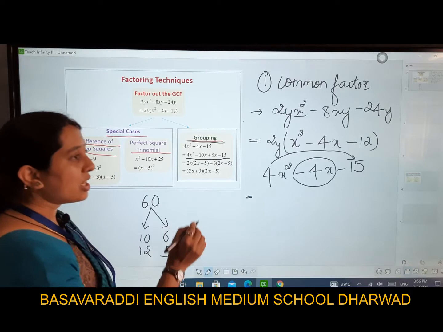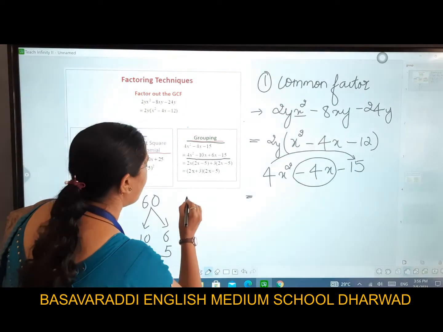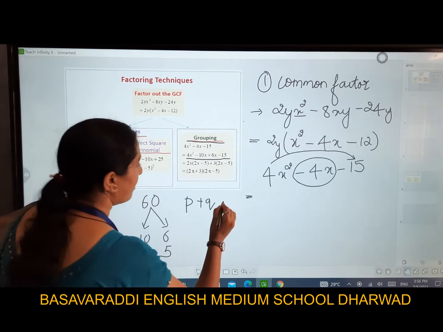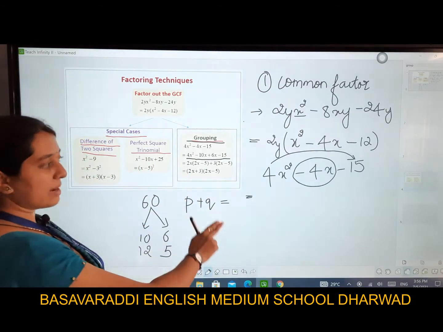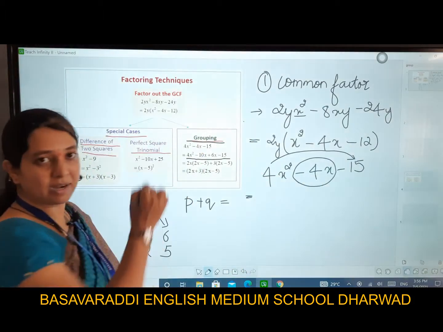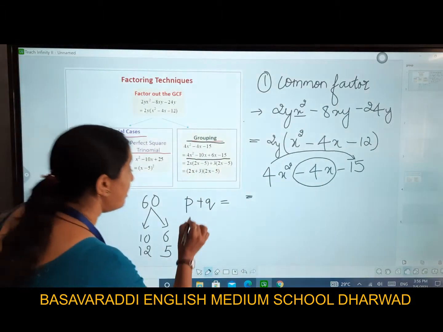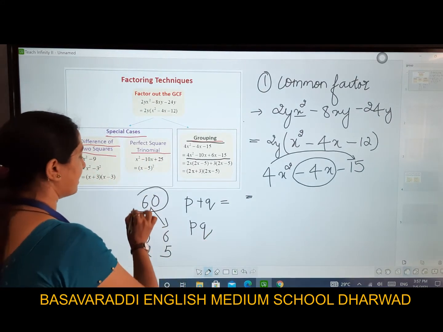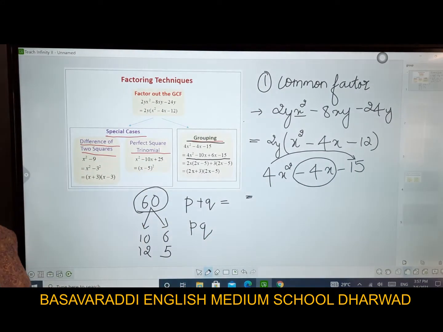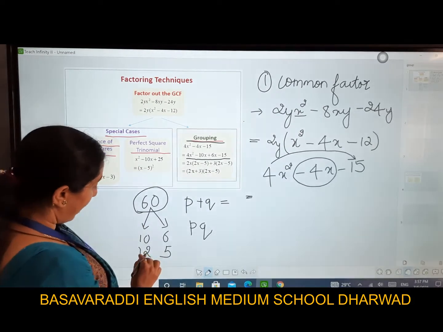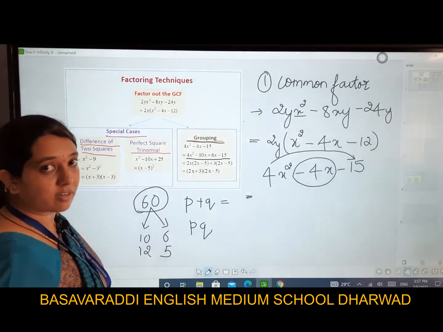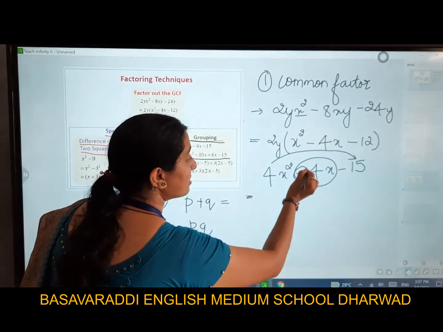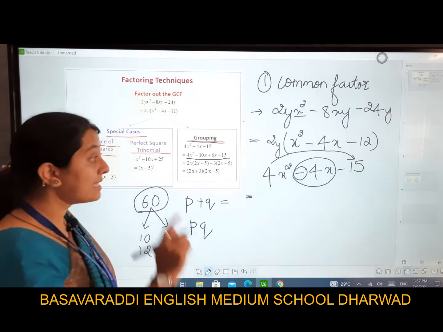So that means it is in the form of p plus q. When you add 2 numbers, you should get the middle term, and when you multiply those 2 numbers, you should get 60. Now if you add 12 plus 5, it becomes 17. Then the next most important thing is the sign. It is negative.